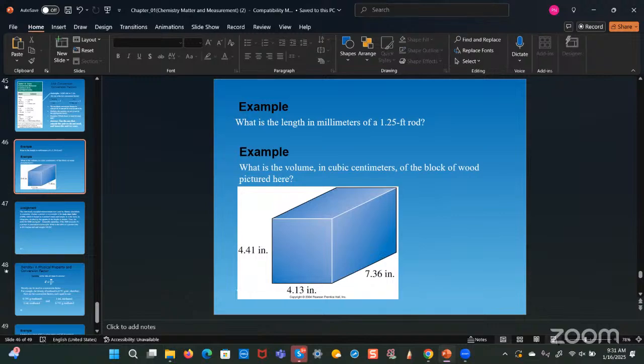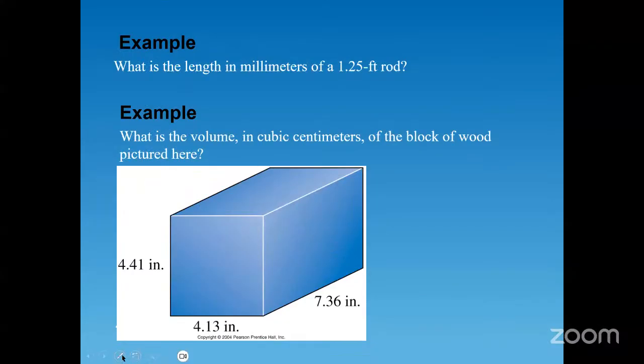beside it. All right. So, of course, by now you all, based on your previous math experience, know how to calculate the volume of an object like this. Volume would be equal to the length times the width times the height, right?